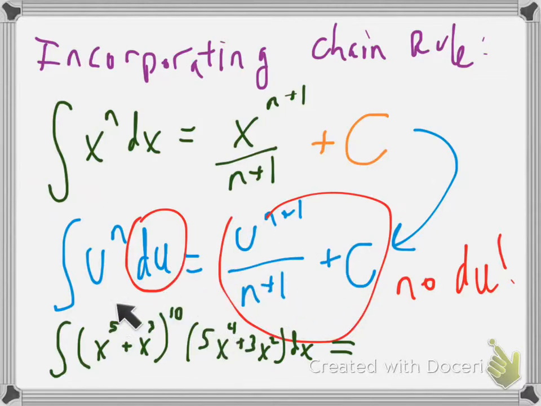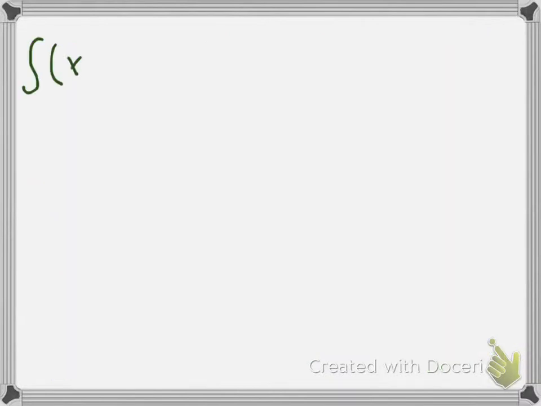So whenever you have a formula raised to a power, as long as the derivative is after it, when you take the antiderivative, it's just the original formula, u, you add 1 to the exponent, divide by the new exponent, and add that on. So x to the 5th plus x cubed to the 11th power, all divided by 11, and then you add the plus c.